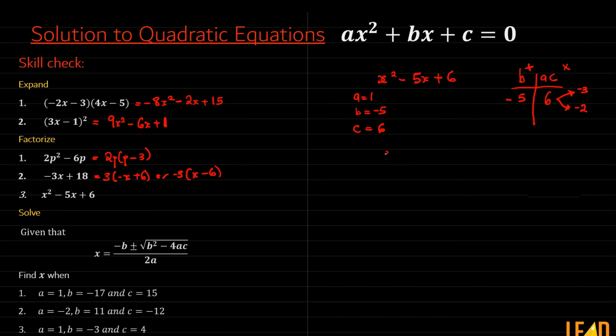So we'd have x squared minus 3x minus 2x plus 6, right? So I use them to replace the minus 5x, and we haven't changed the equation in that sense. So we'd have x bracket x minus 3, and then from this I will drag out minus 2 bracket x minus 3. So we'd have x minus 2, x minus 3, right? So basically that's your solution. This can be written as x minus 2, x minus 3.